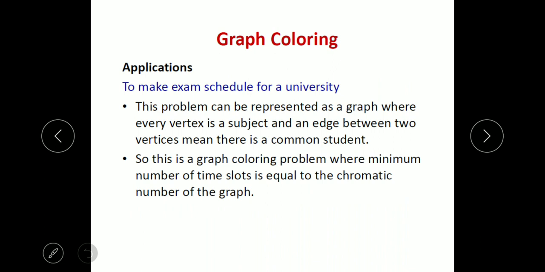One application of graph coloring is scheduling a university examination. This problem can be represented using a graph wherein every vertex is a subject and an edge between vertices means that there is a common student. So in this graph coloring problem, the minimum number of time slots is equal to the chromatic number of the graph.